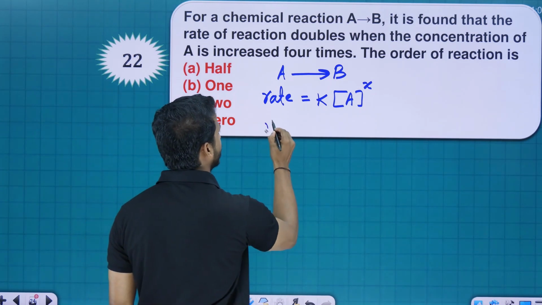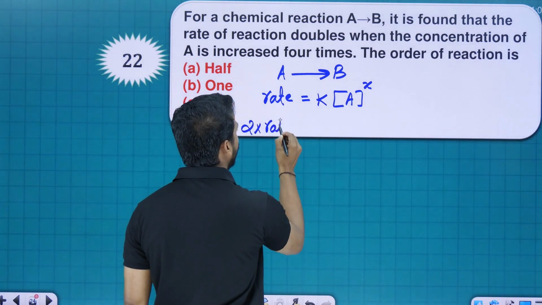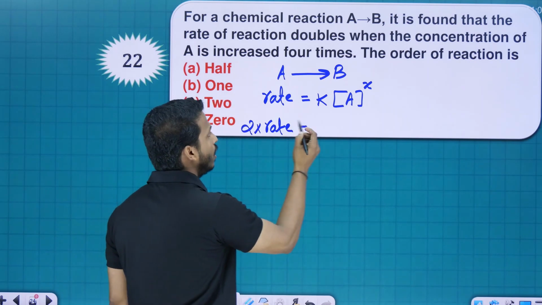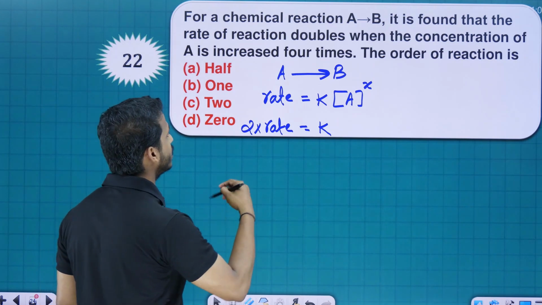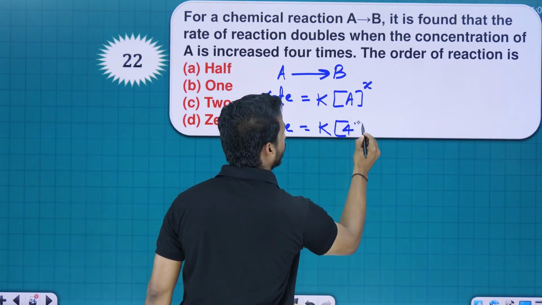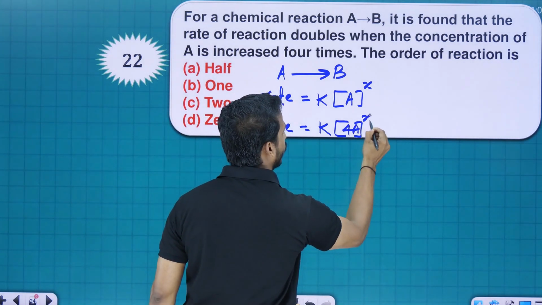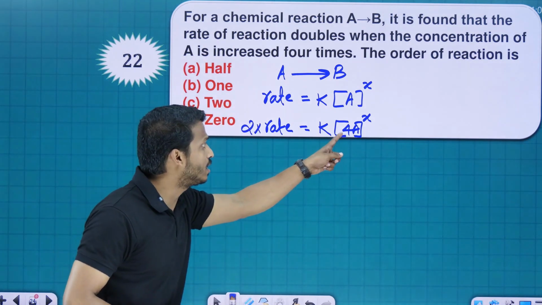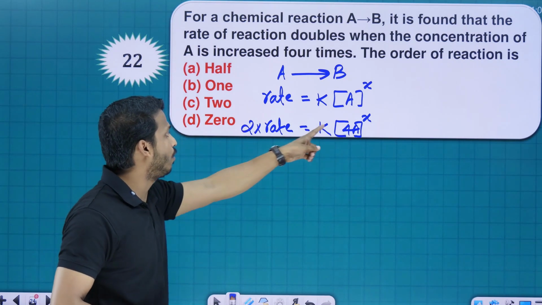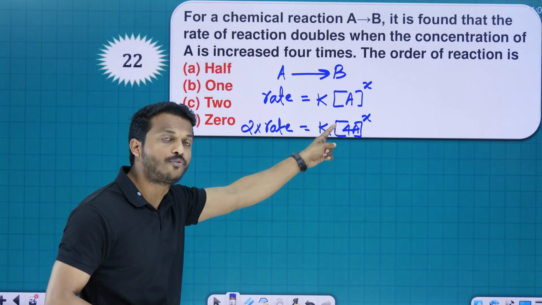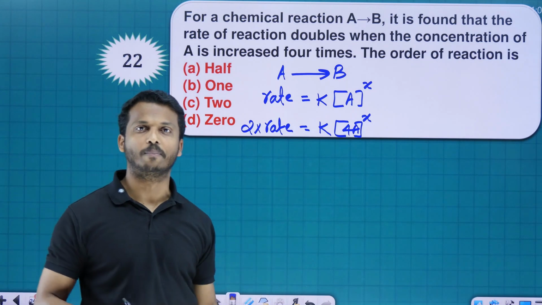All right, the same question we discussed. They increased the concentration of A 4 times, therefore I put 4A. And if they increase the concentration 4 times, the rate is almost double.